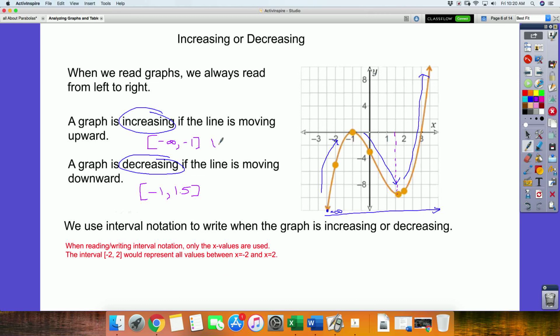And then up here, I can see it started going up again. So we start where we left off at the 1.5, and it's going up forever, meaning it's going to infinity again. So just like with positive or negative, anytime it switches directions, we need to put a new interval to mark it.